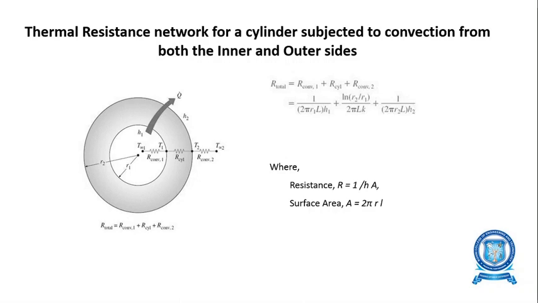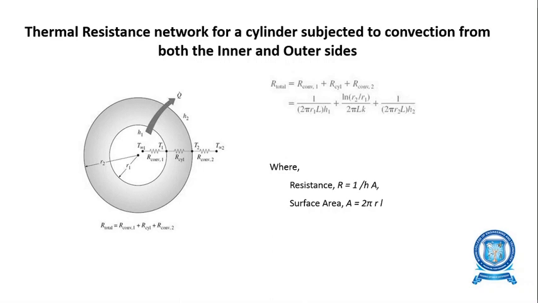The convective heat transfer coefficient given is H1 there. From T1 to T2, there is pure conduction since it is a solid material or a wall. From T2 to T infinity 2, there is convection. The atmospheric air comes in contact with the outer surface of the cylinder and heat transfer takes place.